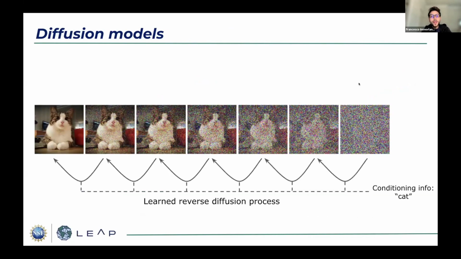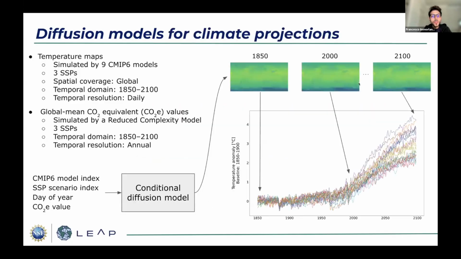But what we are interested in is to go from noise back to the image, and this is the reverse diffusion process. What happens during the training is that the model learns to start from a random Gaussian noise plus conditioning information about what the results should look like, and remove this noise step by step until it gets the final result. So how do we adapt this to climate now?